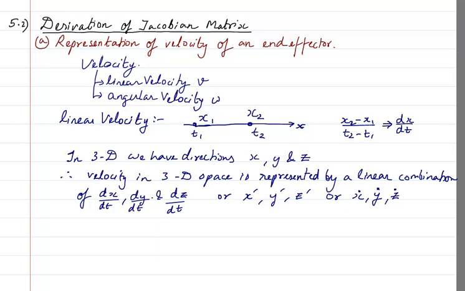The next one is angular velocity. The angular velocity happens when the body or the end effector is moving in an angular direction with respect to an axis. Here that is very important.